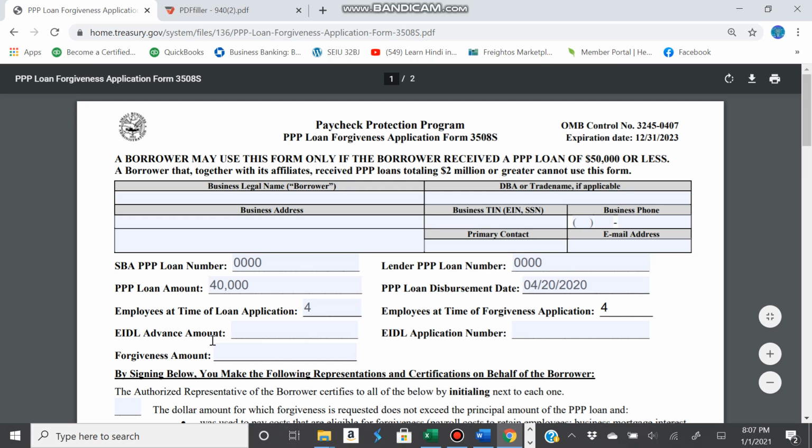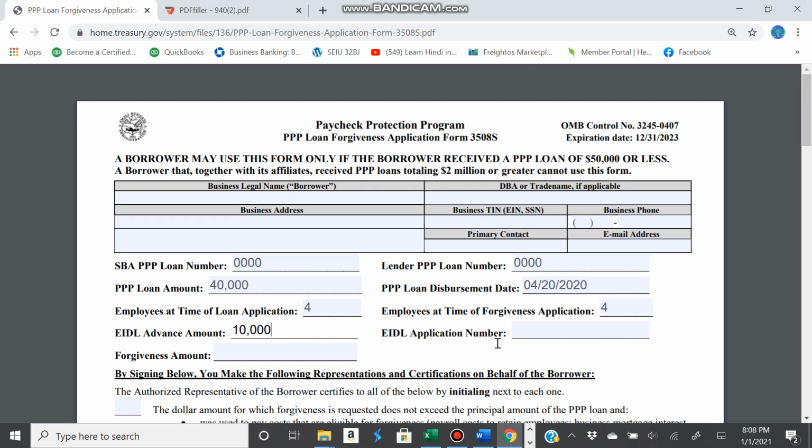EIDL advance amount is economic injury disaster loan amount that was given to us by our lender. Let us say we receive $10,000. The EIDL application number, you need to check your loan agreement. There's two numbers on top of that page, one on the left, one on the right.